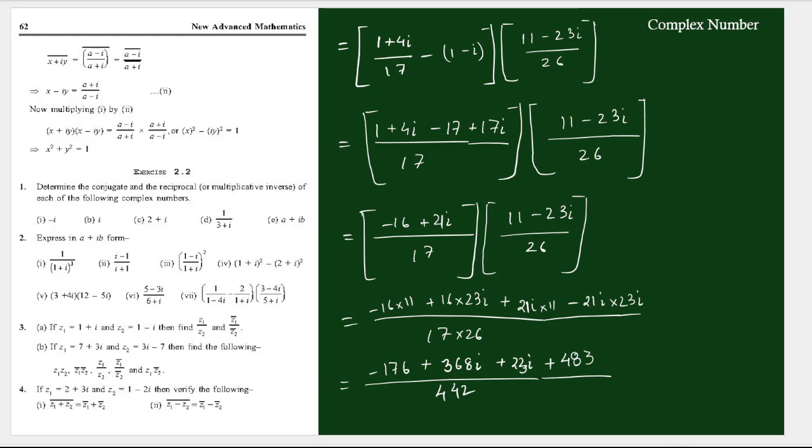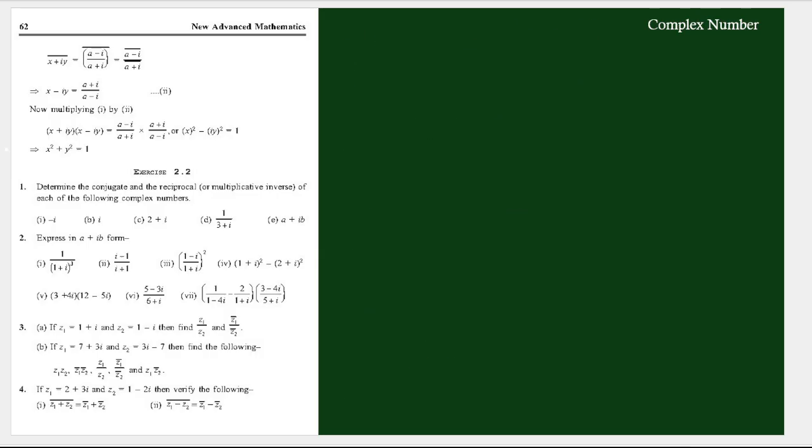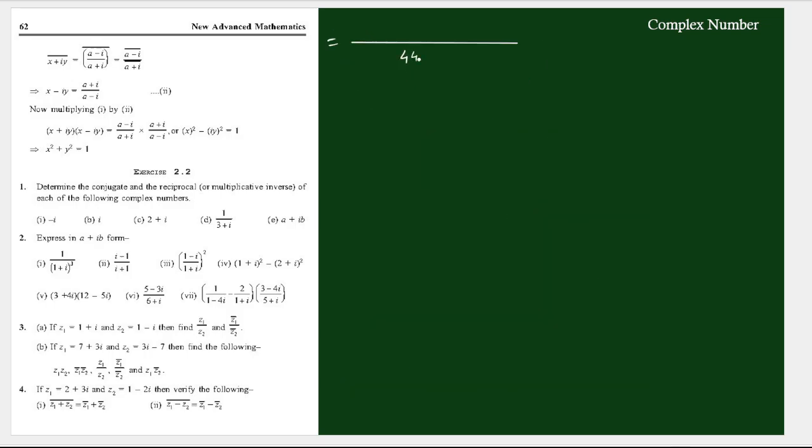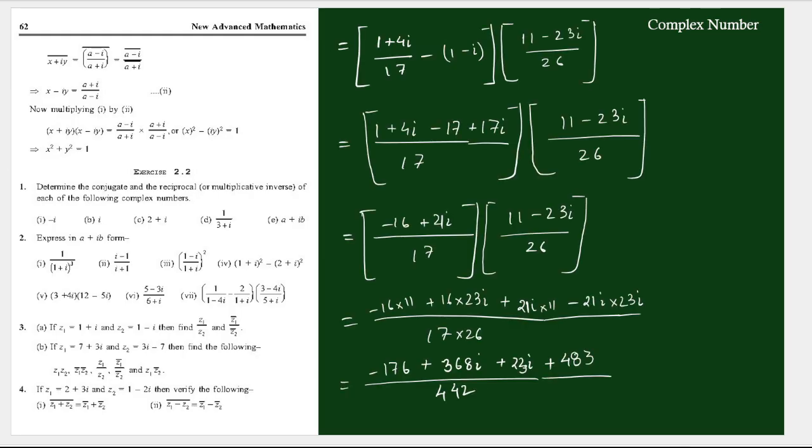Now 483 minus 176 is how much? Let me go to the next page. Below will be how much? 442. Let me confirm. 442. Then what do we need to subtract? 483 minus 176. We get 307.